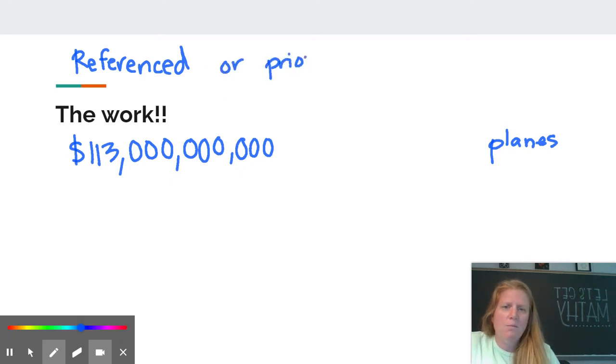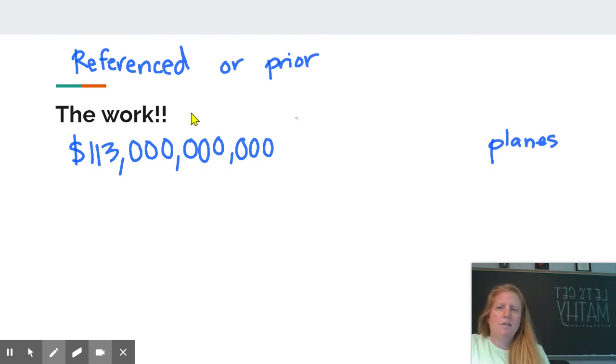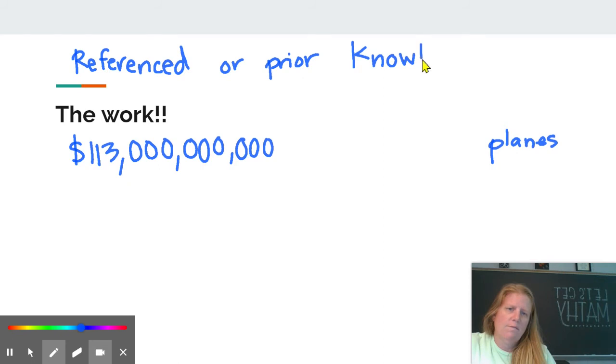So for me, this was definitely a referenced knowledge situation. I did not know how much a 737 jet would cost. But I do know that I'm starting off with dollars and I want to end up with the number of planes. Well, I do know that my conversion factor is going to be the $90 million. So that is where this referenced or prior knowledge comes into play.